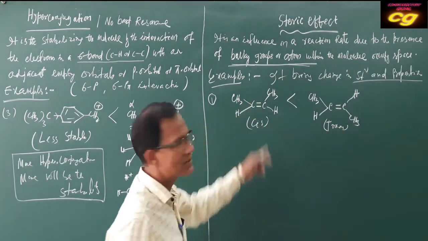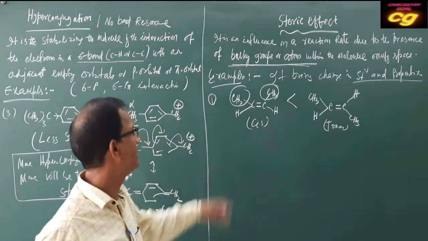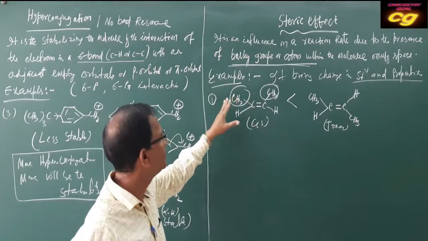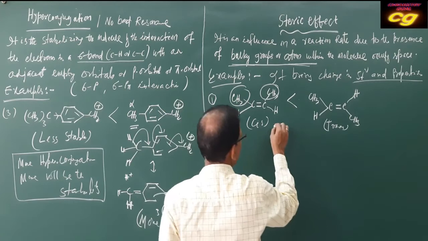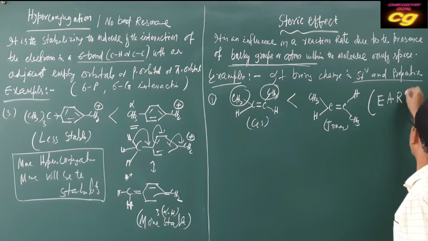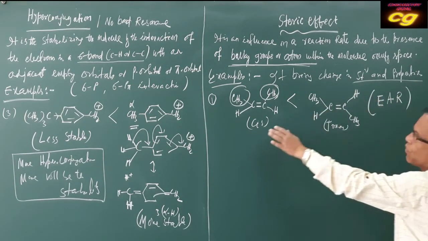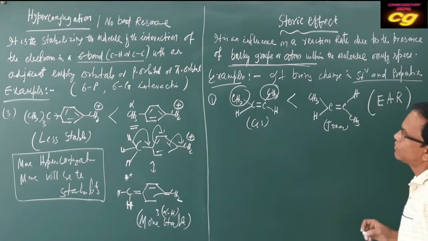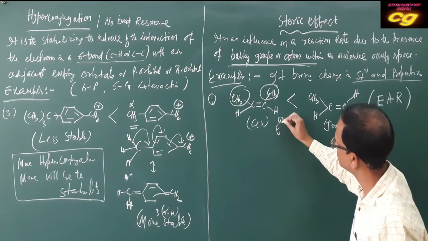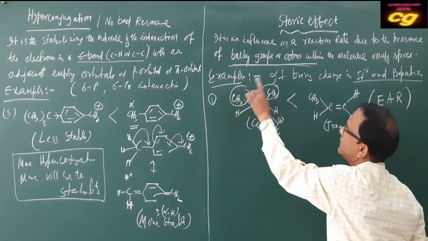In the cis position, the large size bulky methyl group does not allow the attack of the electrophile. Regarding the electrophilic addition reaction, we have already discussed that it is slow in the case of cis, because when the electrophile attacks the pi bond, the bulky group is present.